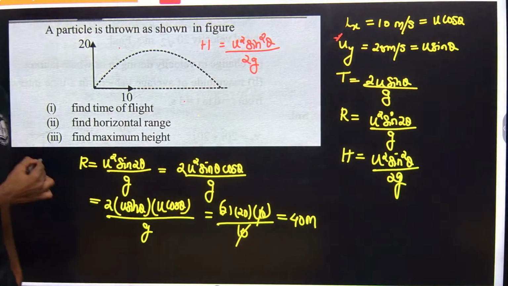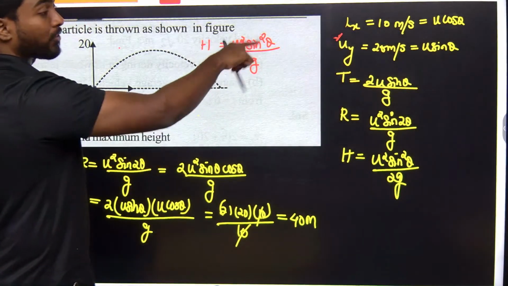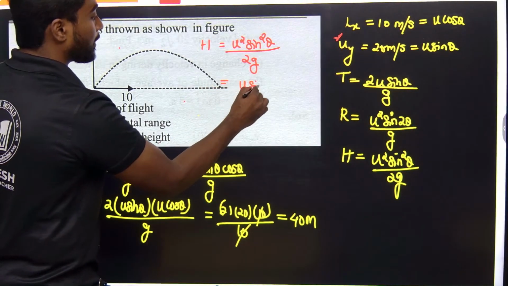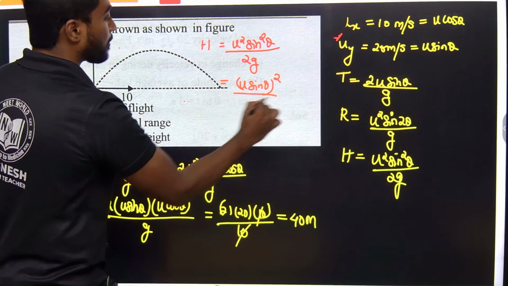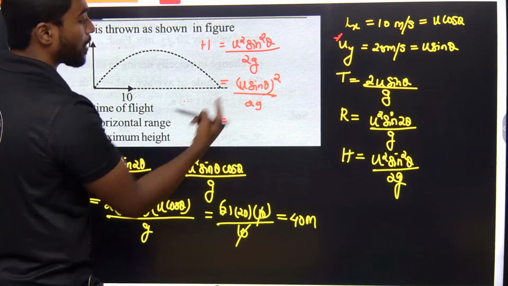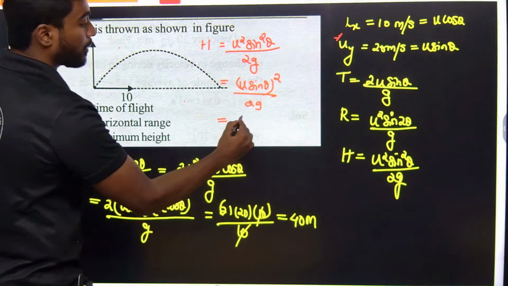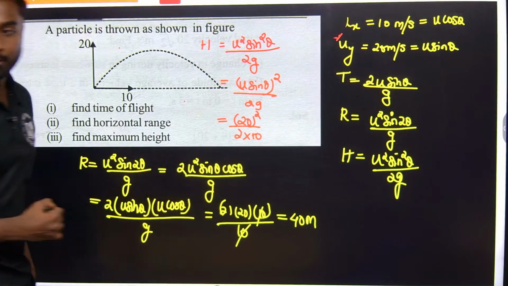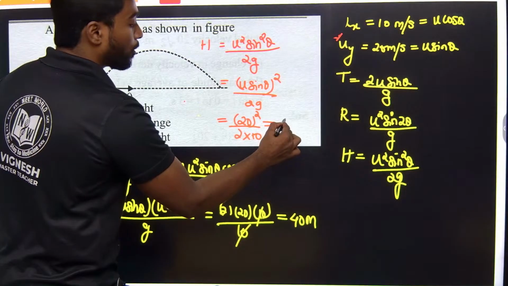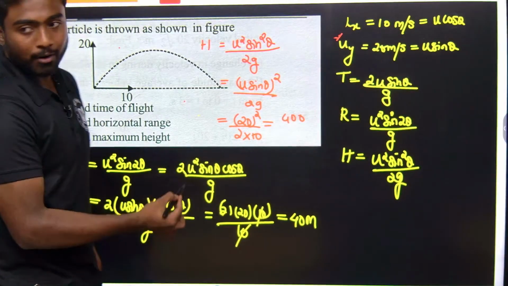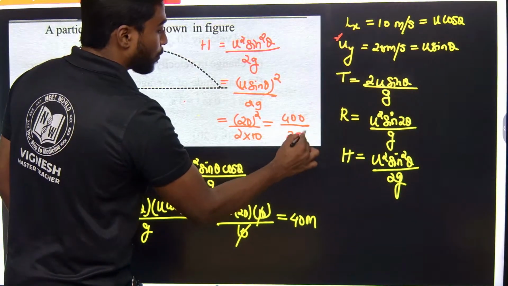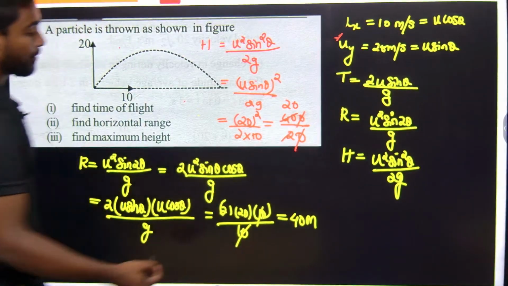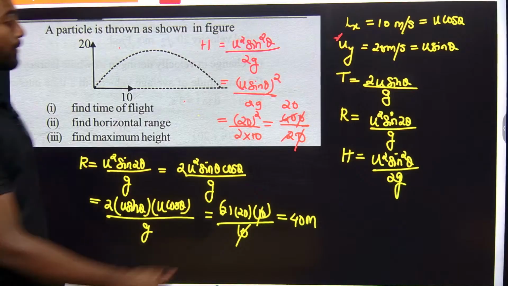Can we write this as u sin theta the whole square divided by 2g? Yes. u sin theta is 20, so 20 whole square divided by 2 times 10. 20 whole square is 400. Now 400 divided by 20 is 20. So the answer is 20 meter. That's it.